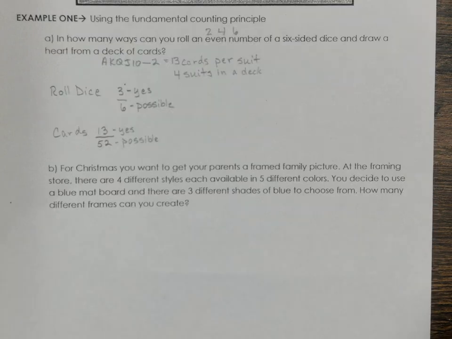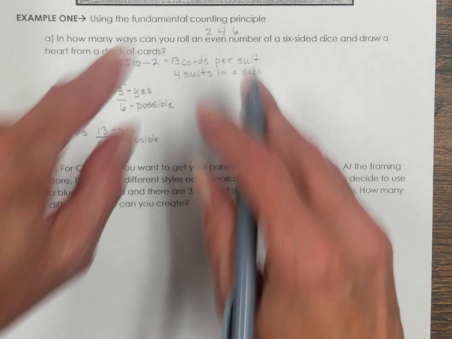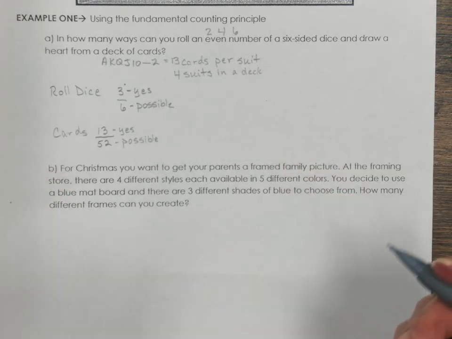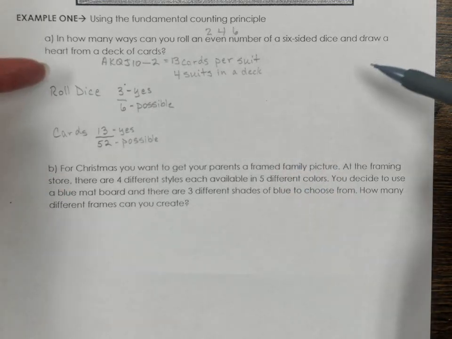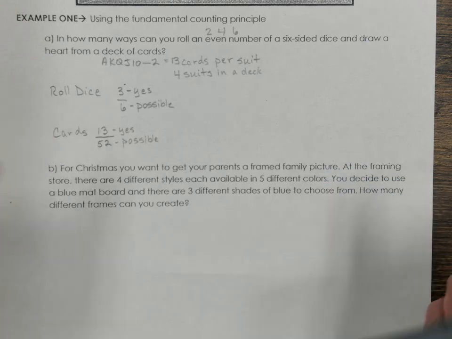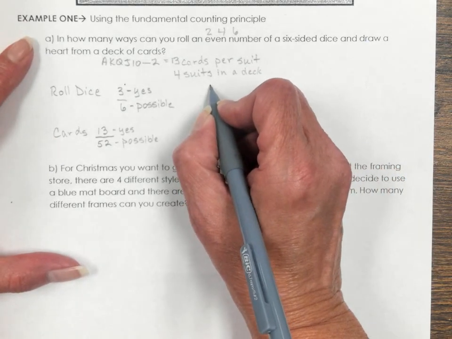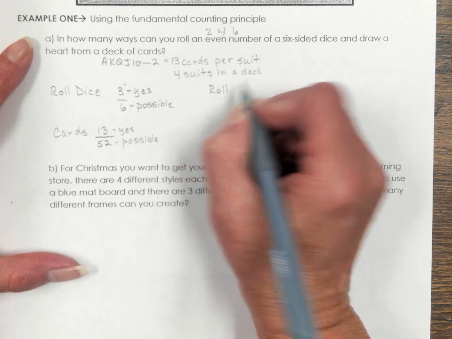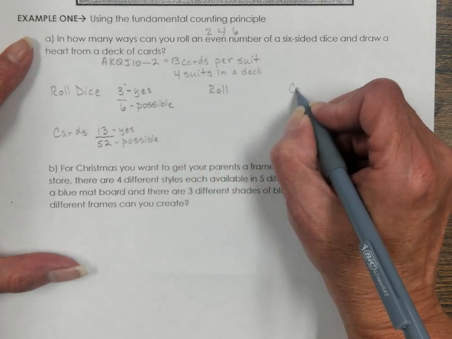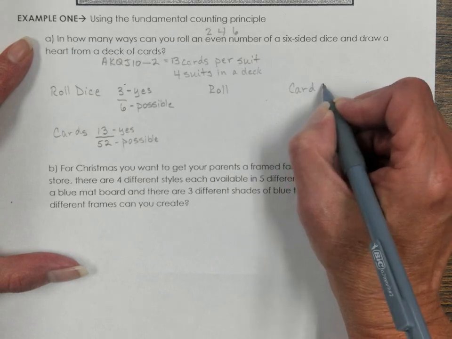Okay, guys. So I'm going to lay this out in kind of a table form, and then let's see if we can do the really fast way of doing the math. So I'm going to have a roll of the dice, and then the card suit option.